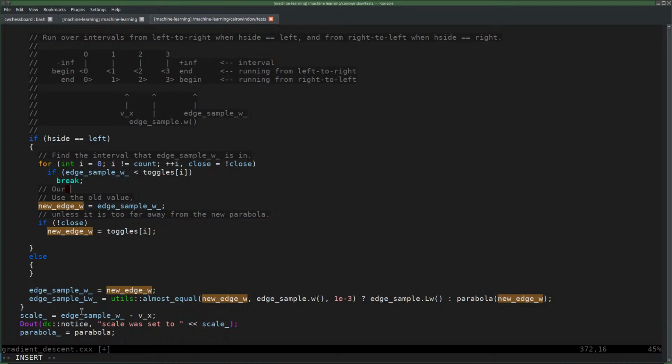So I limit my new value to this, not the old value, but the new value. This one. Then, in effect, I would do this minus Vx.